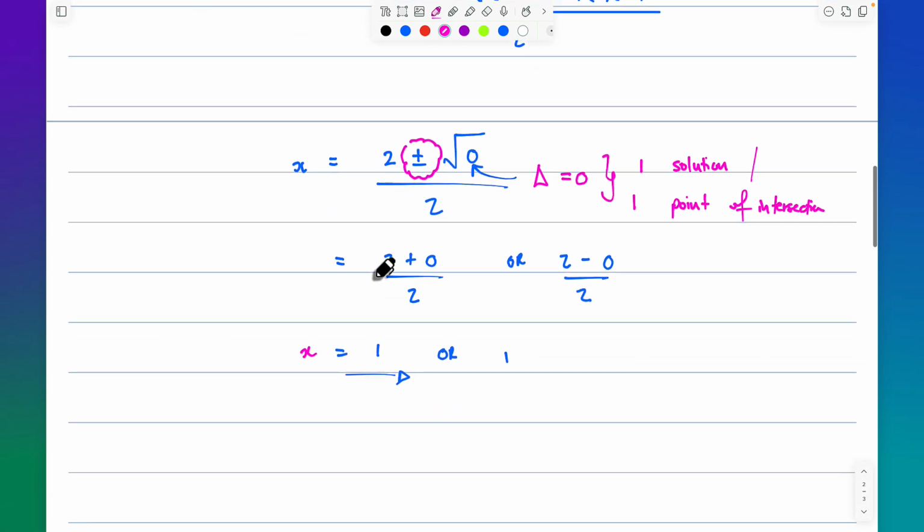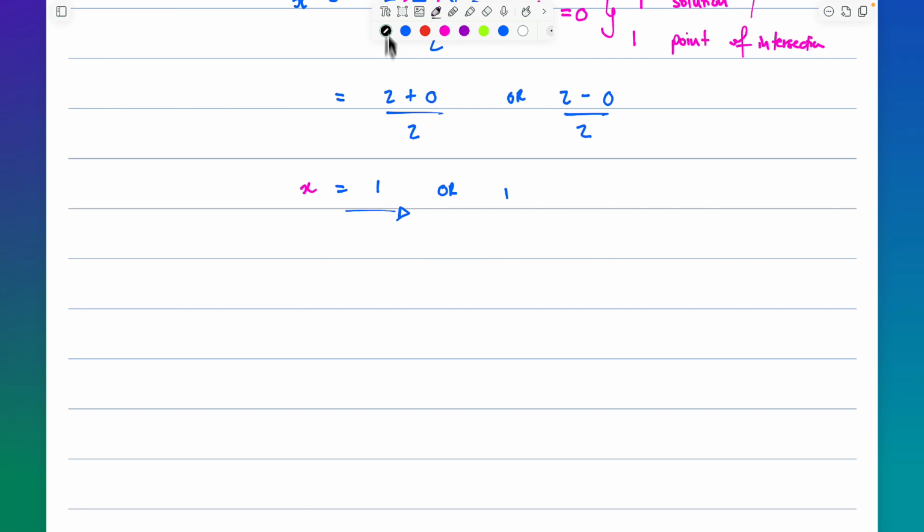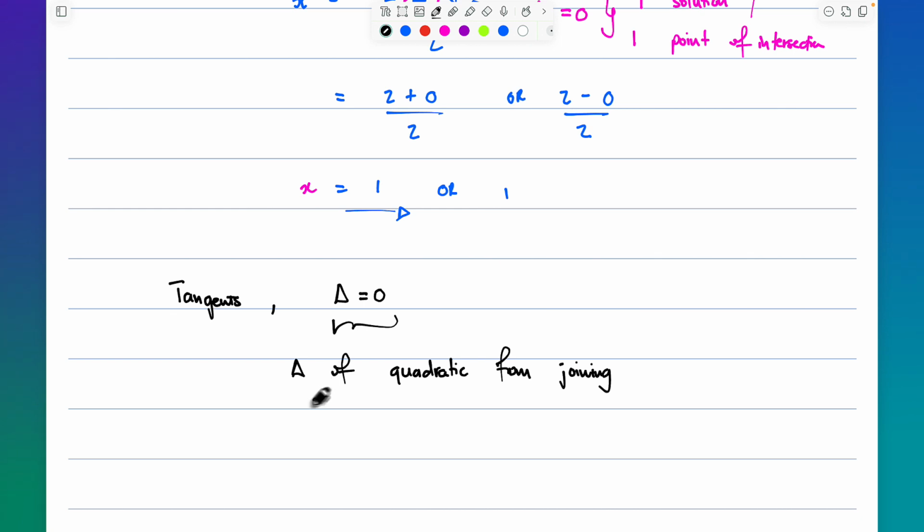But the whole point of this is to say, when you are dealing with tangents, it means your determinant is going to be equal to 0. But it's the determinant of what? Remember, this is the determinant of the quadratic that you get when you merge your circle and line equations.